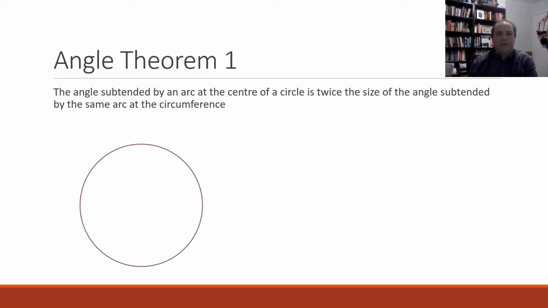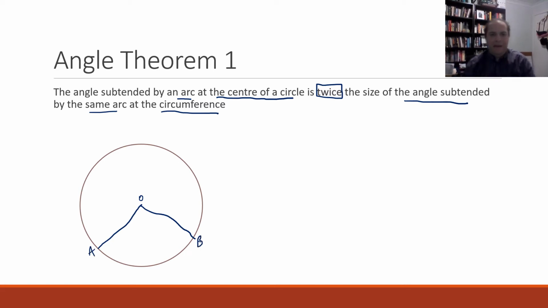Alright, so our first angle theorem states that the angle subtended by an arc at the center of a circle is twice the size of the angle subtended by the same arc at the circumference. Now what does that mean visually? Let's say we've got our angle here that's subtended at the center. We'll take that as O, and we've got our arc here, AB.